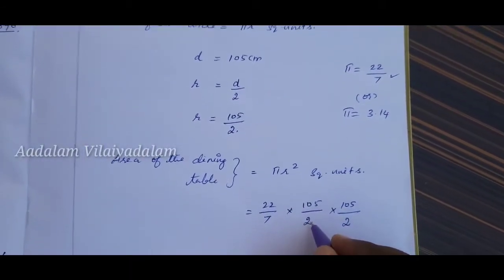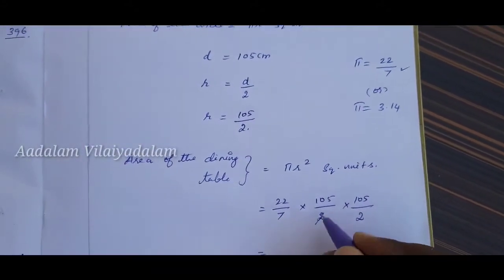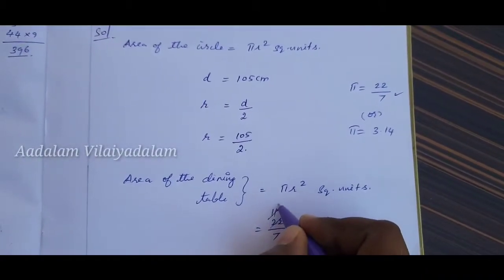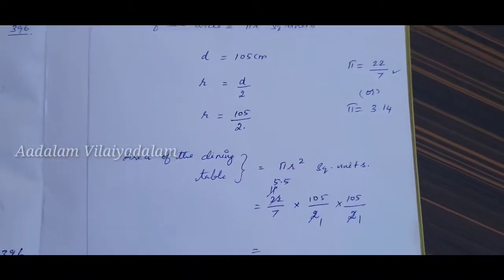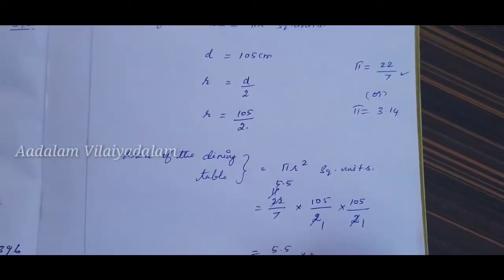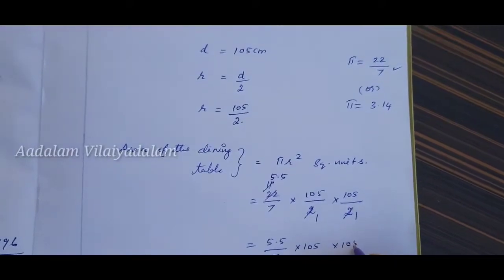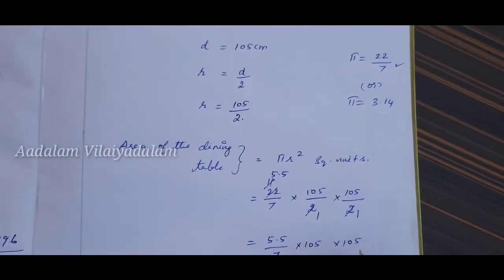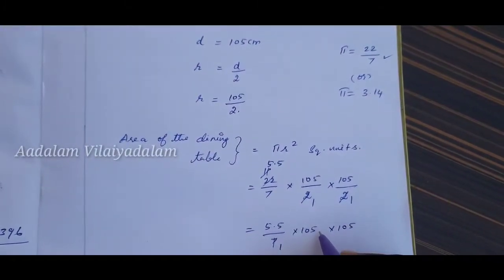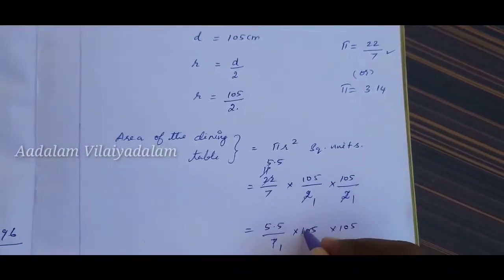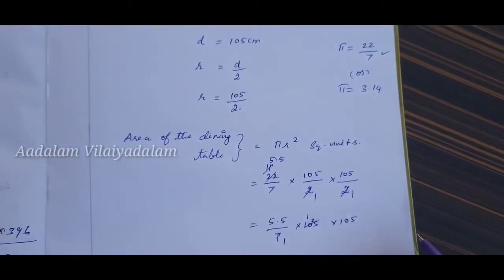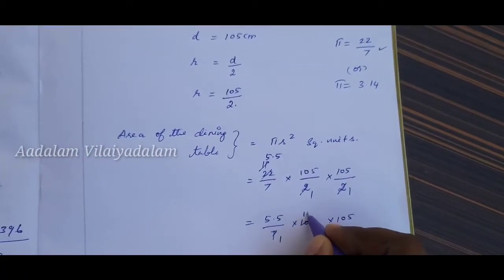Now we can cancel the values. By 2 twice, if we cancel it, we will get 11. Then again if we cancel it, we will get 5.5. Now we have the value 5.5 divided by 7 into 105 into 105. Now cancel the 7 with 105, then 7 ones are 7, remaining balance 3, then it will become 35, then 7 5s are 35, isn't it?